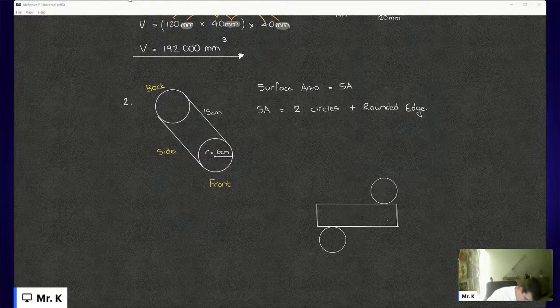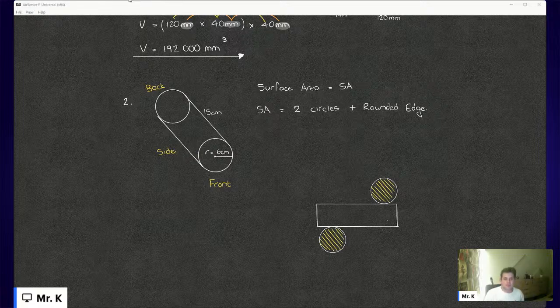We're going to need to calculate the full area of two circles. Now keep in mind this is not a cone, this is a cylinder, which means that our two circles are going to be equal in size. But beyond that, we also just need the area of this rectangle that we see in between the two circles.